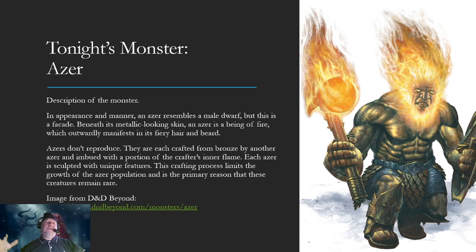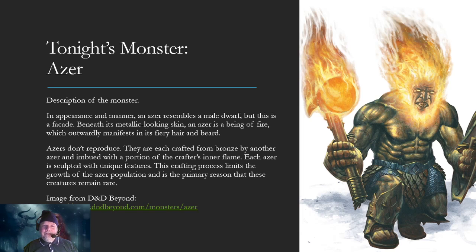And as we always do on this show, we're going to start by looking at the current incarnation of the monster. Then we'll go back and look at their history. So this is an image of the Azer from 5th edition, and a description of the Azer from 5th edition. In appearance and manner, an Azer resembles a male dwarf, but this is a facade.